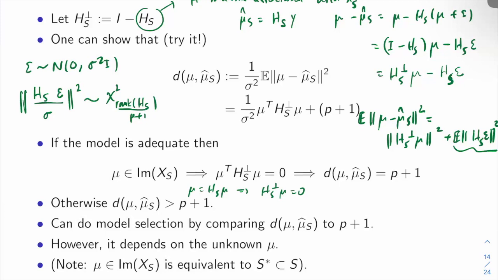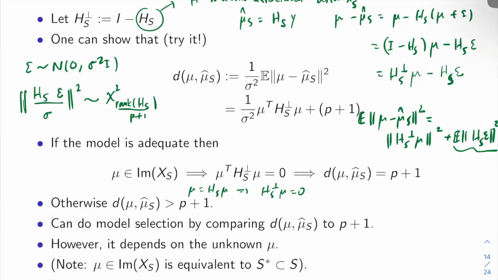So this is going to be larger than p plus 1. So when you calculate this Mallows Cp, the population version, if the model is adequate, if you have included all the right covariates, then you hit p plus 1. If you haven't, there's this extra term, so you get something bigger than p plus 1. So by comparing this to p plus 1, you can see whether you have included the right covariates.